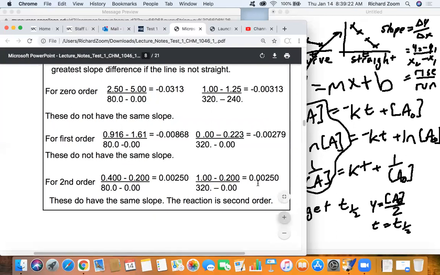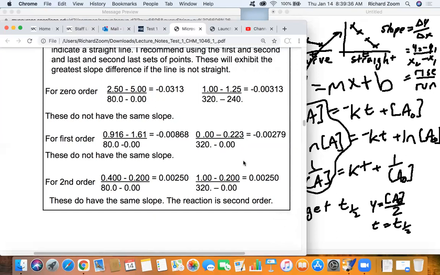Now, when I say the same, it might not be exactly the same, but it's going to be close. So whichever two have the closest values, that's going to be a straight line. Sometimes they're not exactly the same. In this case they are, but they don't always have to be, but they are going to be close to each other. So that's how I'd know the reaction is second order, and I can do that without drawing a graph.